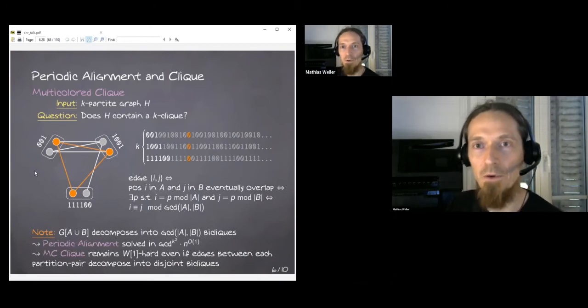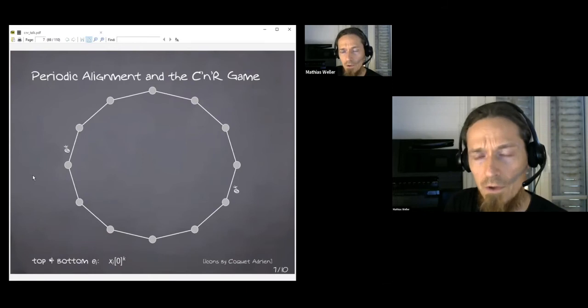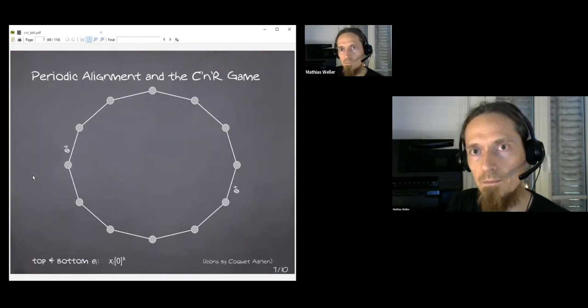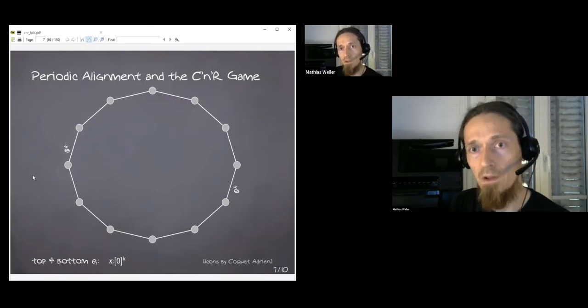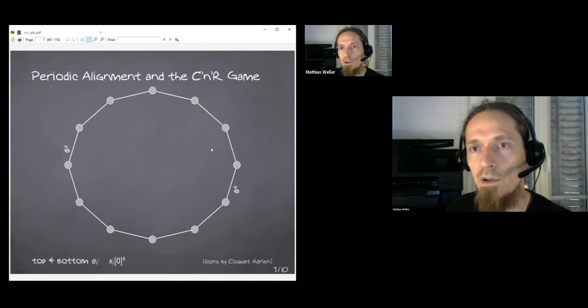Okay, so to apply this to cops and robbers, this is a reduction from Petra and Niels. They described the cops and robber game on a cycle, where the bottom half here and the top half here, the edges there have sequences.